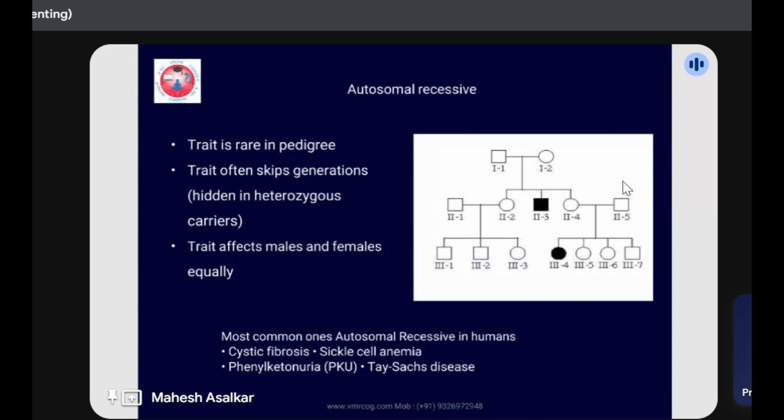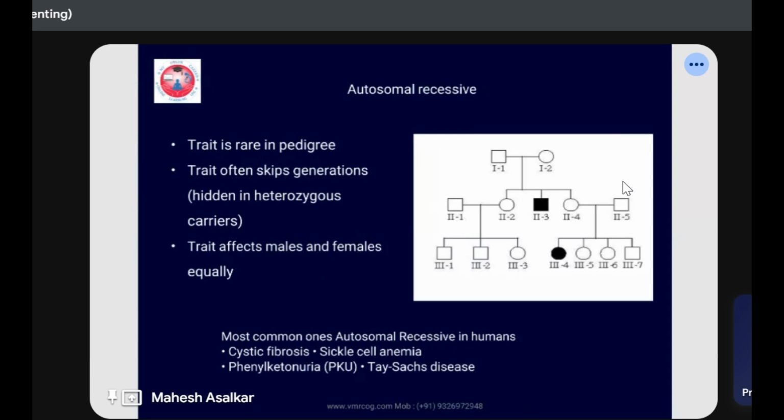See, in the third generation, the female is affected, but the parents are unaffected. So it can happen. There is a skipping of generation, and the trait will affect males as well as females equally. The common examples of autosomal recessive we have already seen: cystic fibrosis, sickle cell anemia, phenylketonuria, and Tay-Sachs disease. Okay, is it clear?